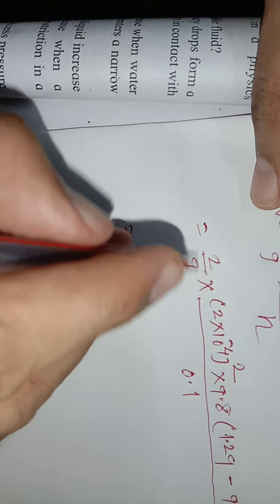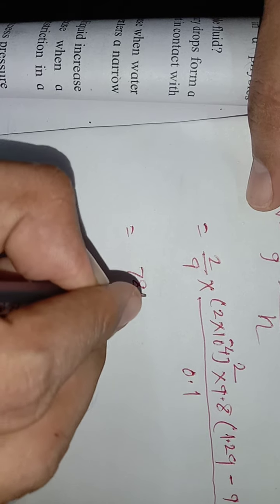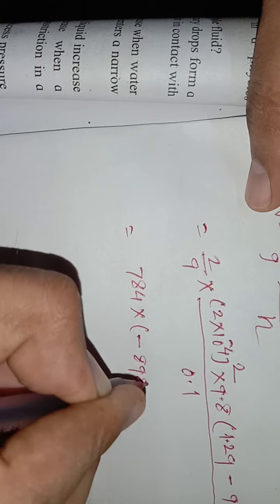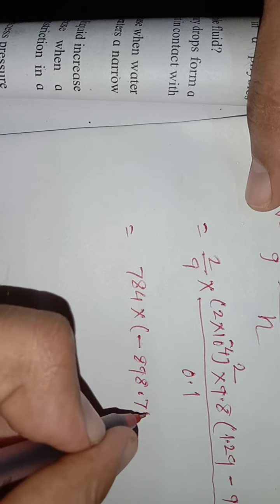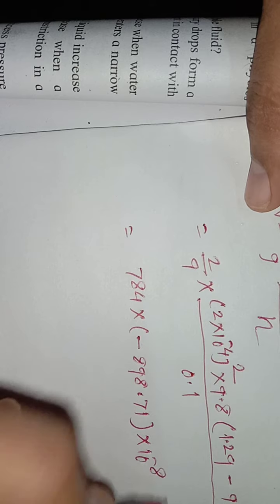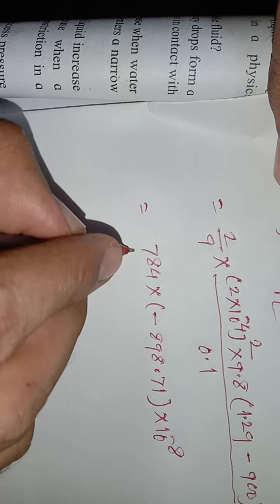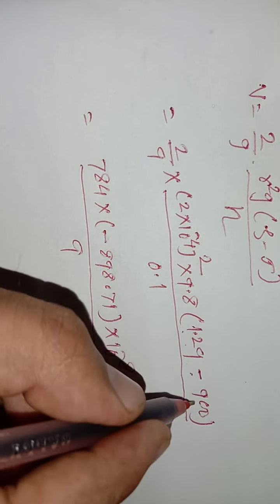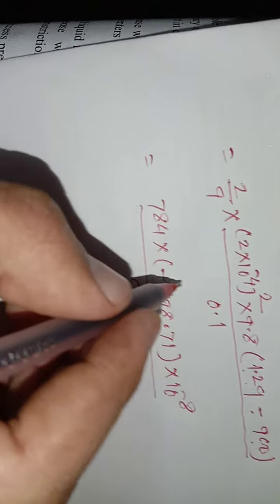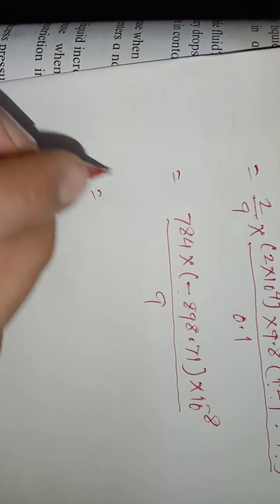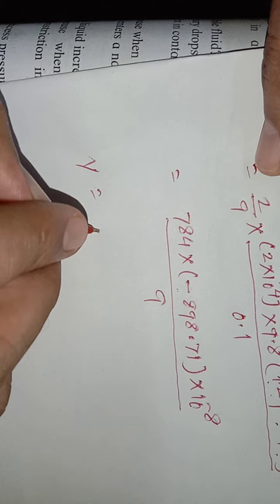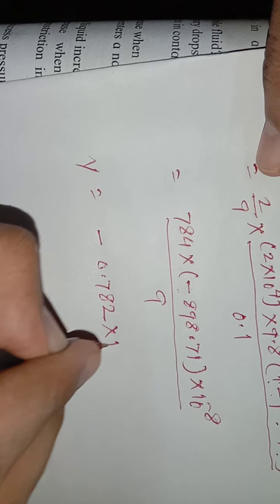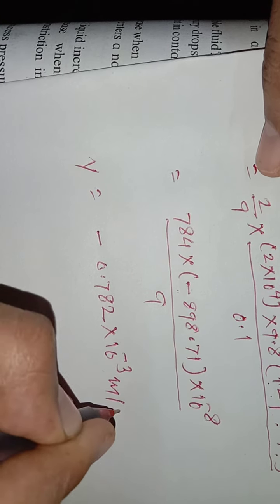When we calculate this, we get 784 into minus 898.71 into 10 raised to minus 8, divided by 9, because here 1.29 minus 90, that's why the minus sign is there. And when we calculate all this, we get the last equation, that is terminal velocity phi is equal to minus 0.782 into 10 raised to minus 3 meter per second.